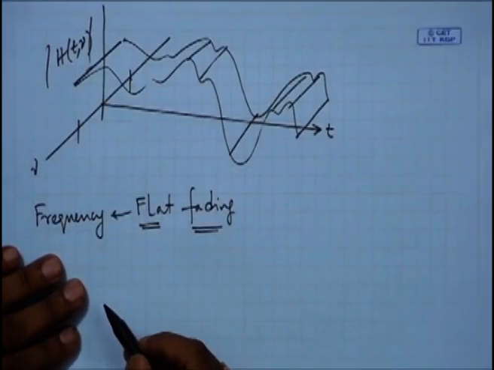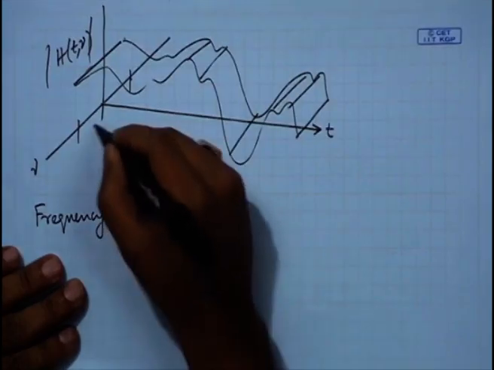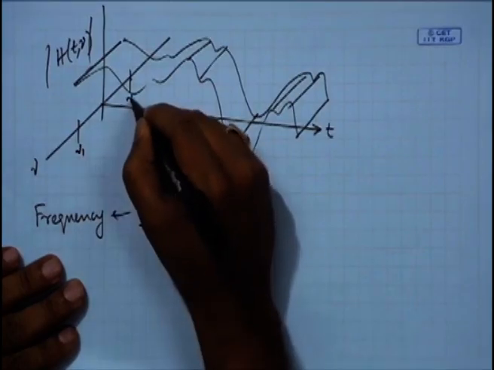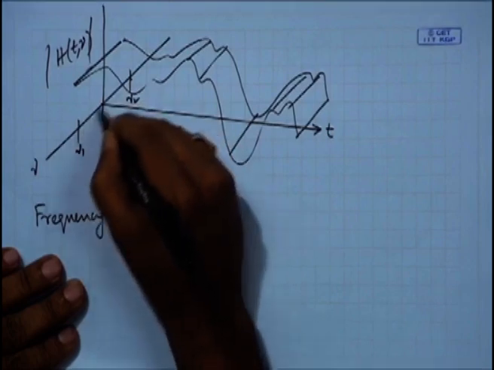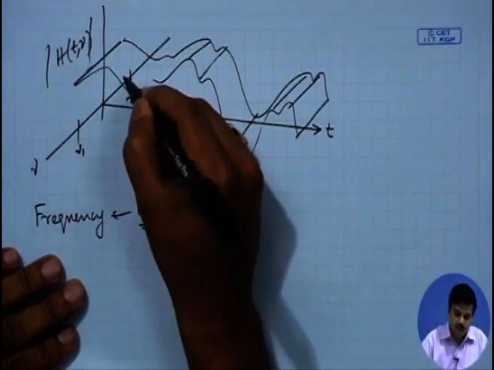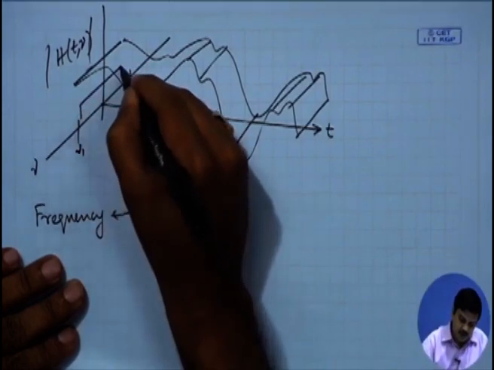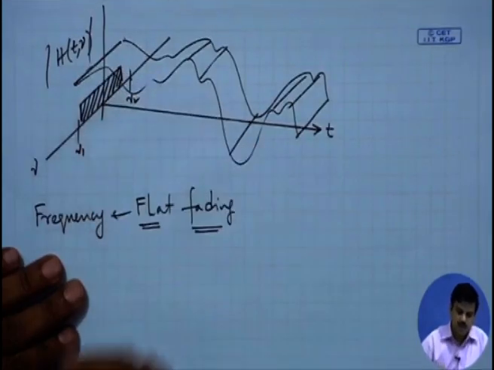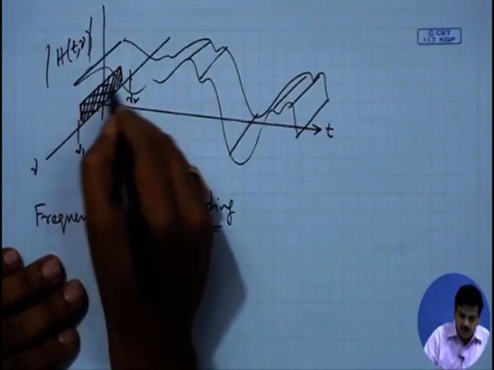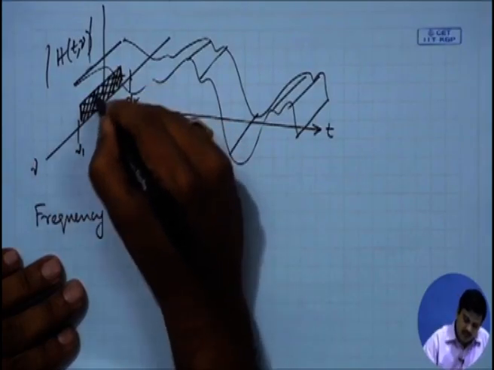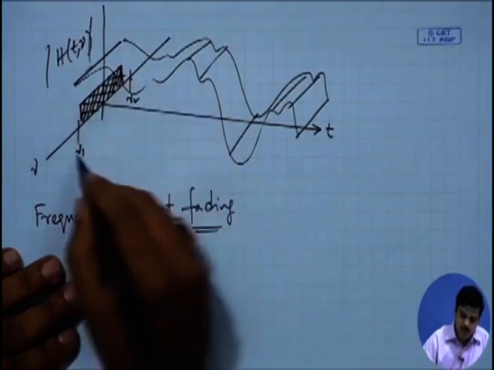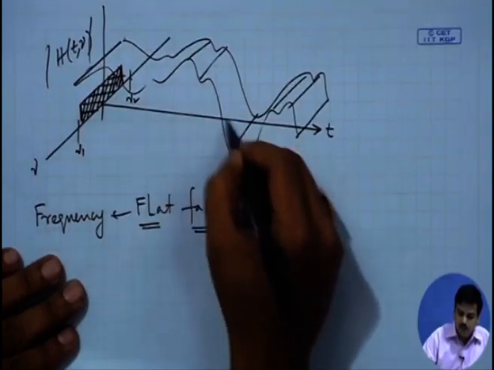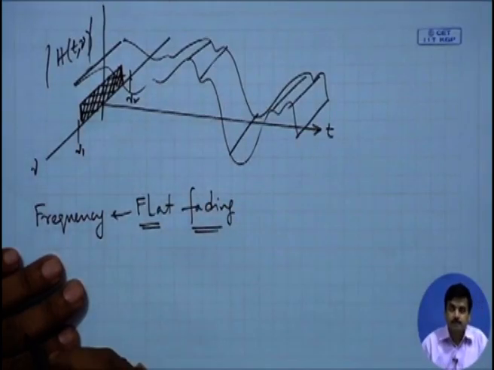The important consequence of this is that if I have a signal which spans between the frequencies nu 1 and nu 2, in that case the entire bandwidth of the signal is not going to experience variation of gain. The entire bandwidth of the signal is going to experience the same value of the channel amplitude. However, that is going to fluctuate with time.